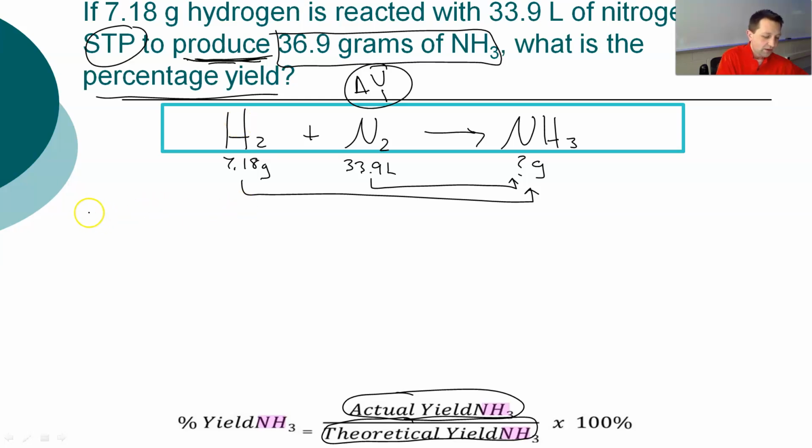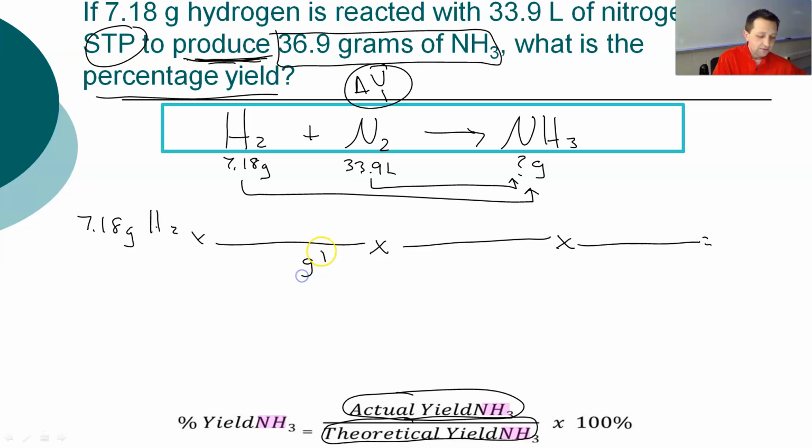We have 7.18 grams of H2. And I'm going to convert that into what here? Well, I have 36.9 grams of NH3 as my actual yield, so I need to figure out grams of NH3. So I'm going from grams of A to grams of B on my stoichiometry roadmap, which is a 3-step process.